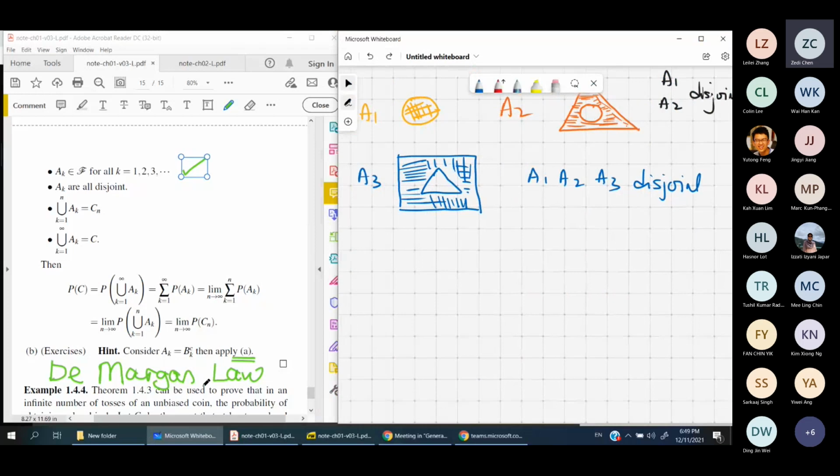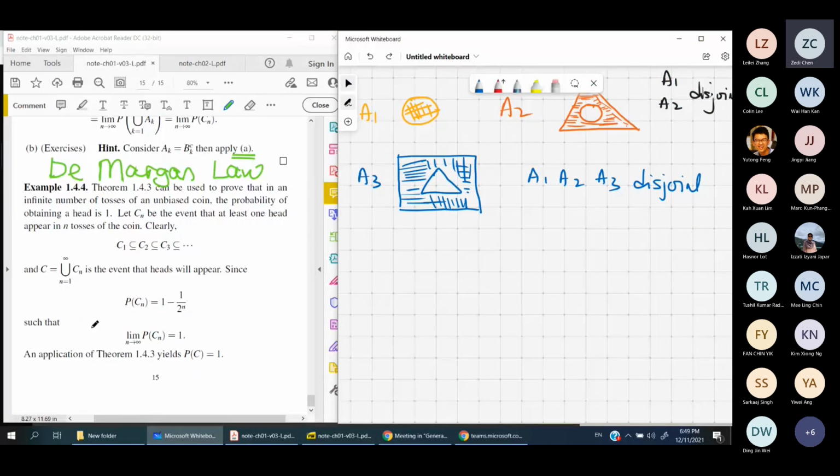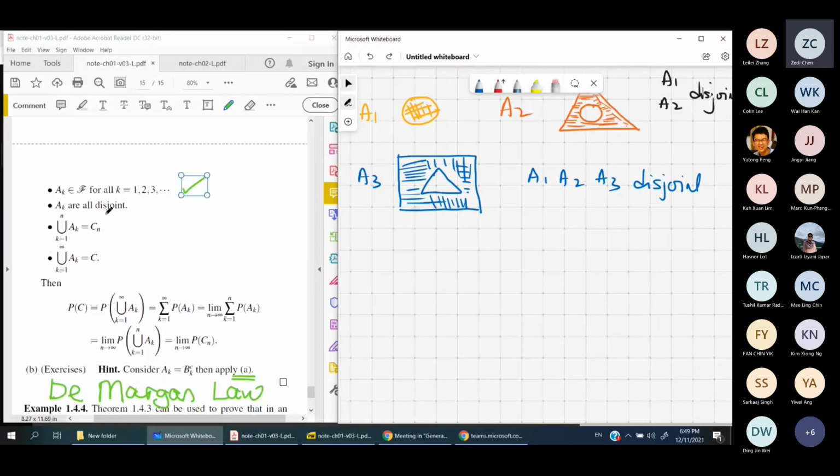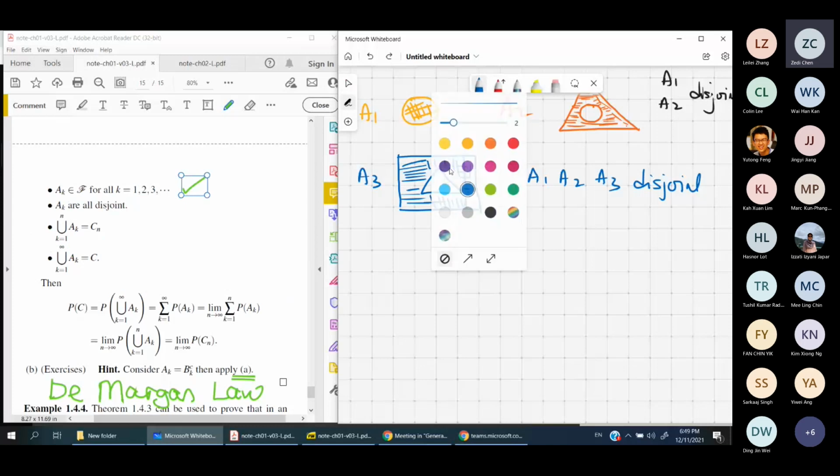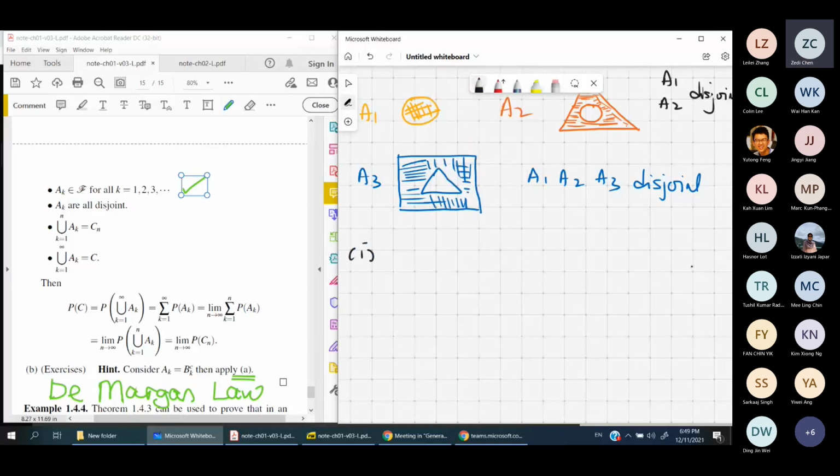Okay, all right, so one by one. So then we have this observation here. Number one, we can see this. I think the first observation is straightforward, so all the AK are events.